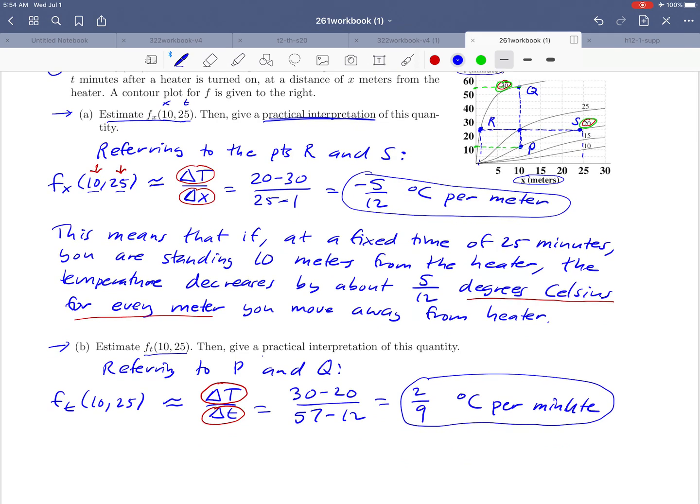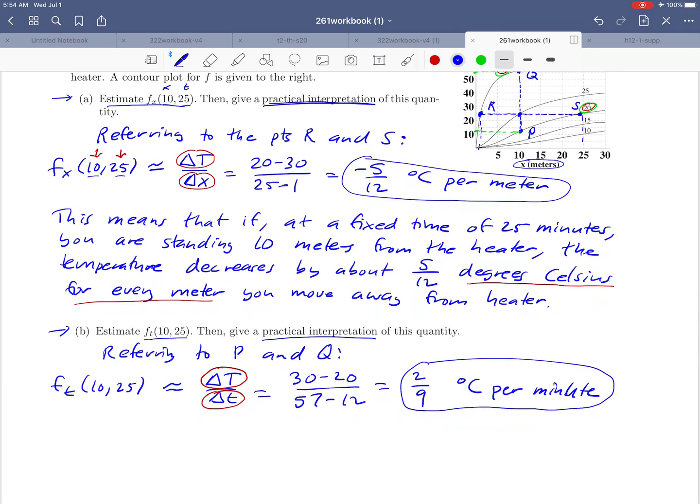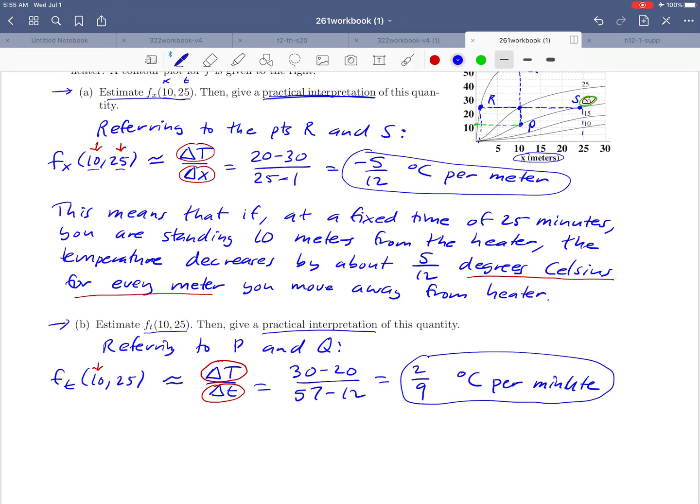All right, and now we're ready to give an interpretation, explain in words what this derivative means. Okay, so this time we're taking the derivative in the t direction, and so it's the x variable that's constant, that 10. So we can maybe start our explanation off by making that observation.